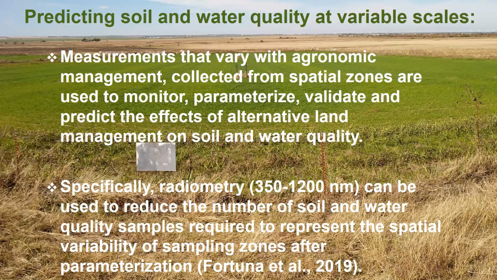So ideally, once we have a baseline, measurements that vary with agronomic management that are collected from the spatial zones that are uniform, these samples can be used to monitor, parameterize, validate, and predict the effects of alternative land management using technologies such as radiometry.